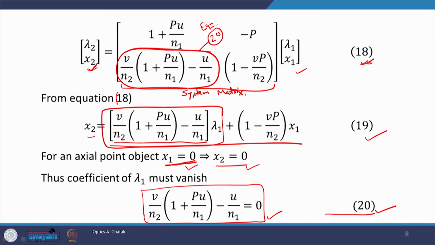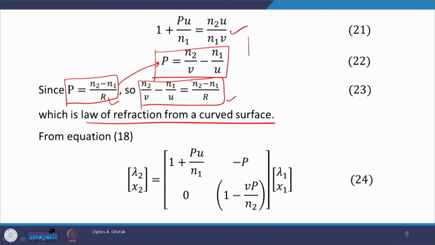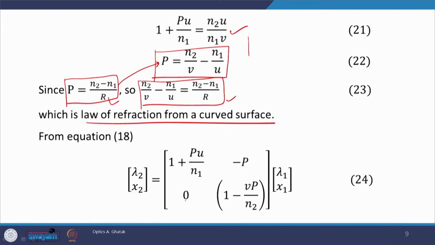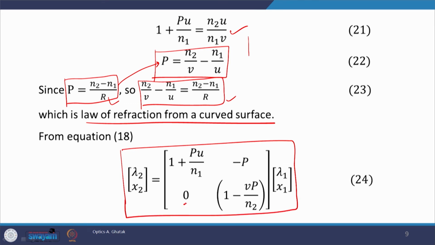Therefore, this term of the matrix would be 0. Once you substitute 0 in equation number 18, we can write this relation. Here this term is replaced with 0.